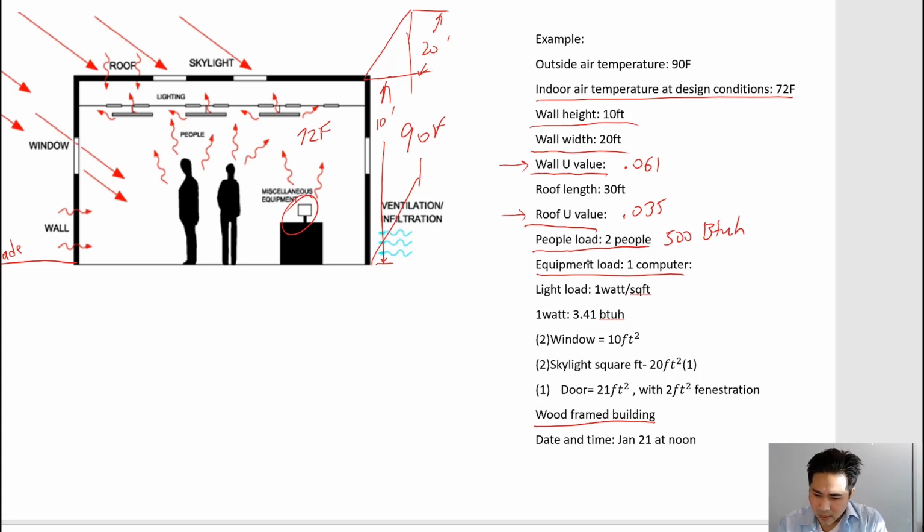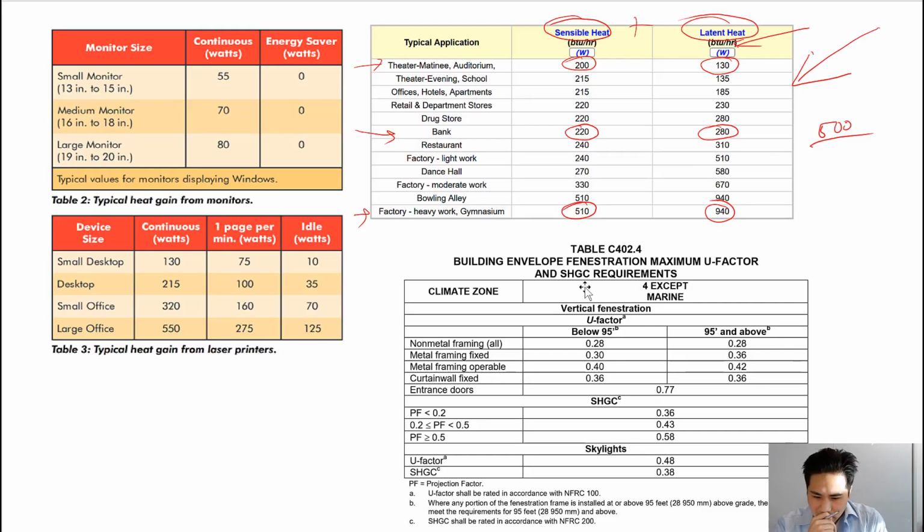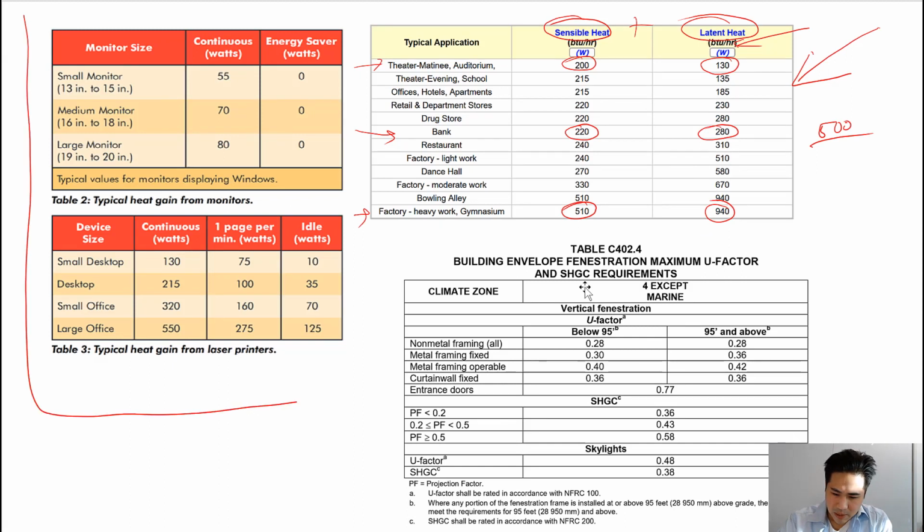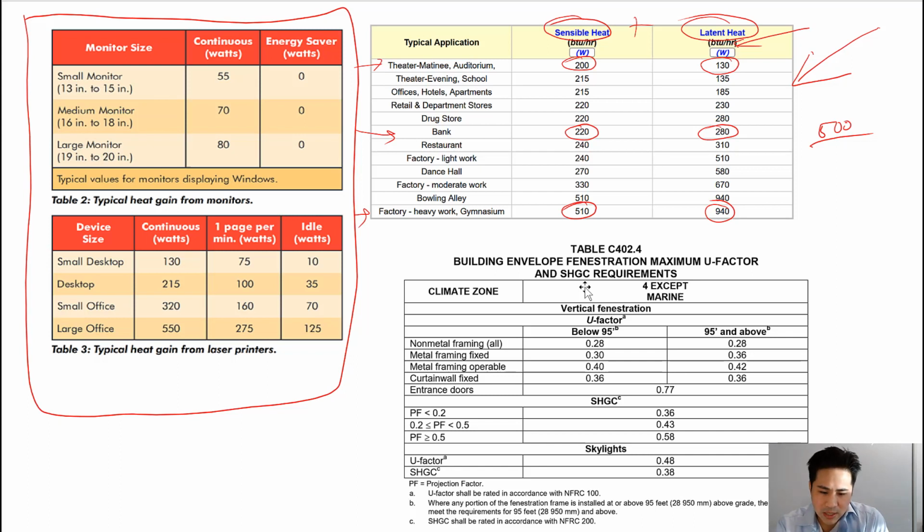Next we have equipment load for the one computer here. We'll use these two tables here for the computer. Now if we're not sure what size computer it is, we always use the worst case scenario so that we size the HVAC equipment to handle the maximum load that can be generated.